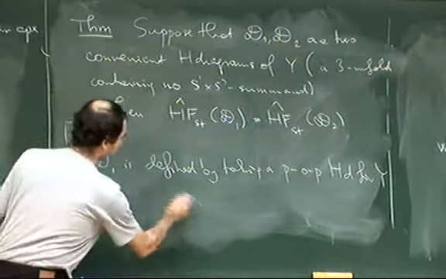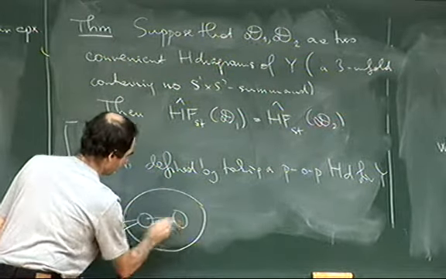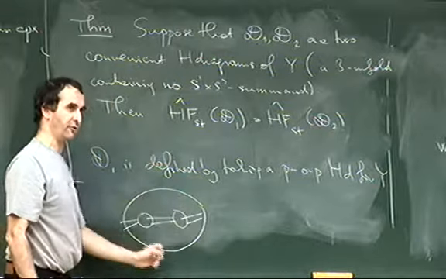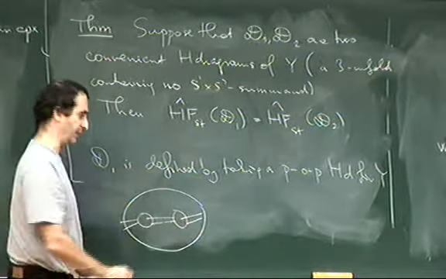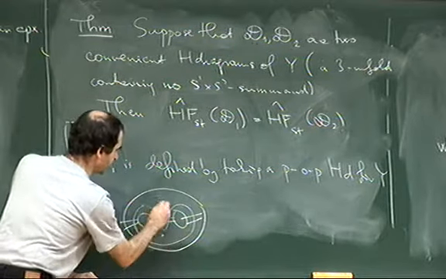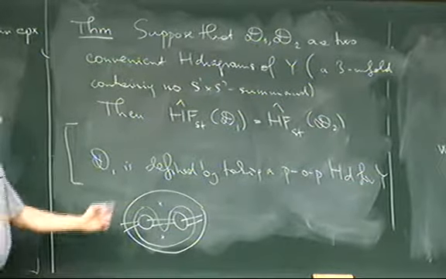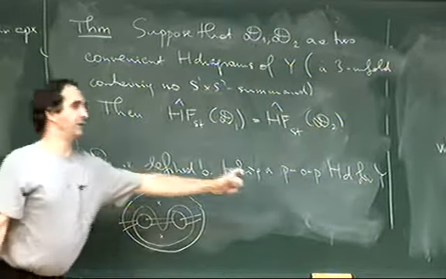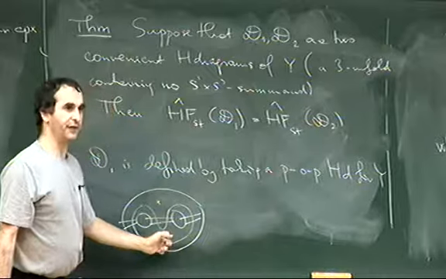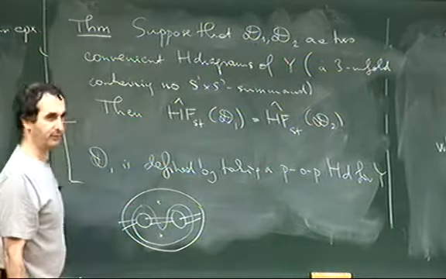You remember, if we had a component like this, an alpha pair of pants where the betas intersected like that, then I just added one more curve and put a base point here and there. So a convenient diagram means that we start with a pair of pants Heegaard diagram, we do this refinement, and whatever we get, we call it a convenient Heegaard diagram.